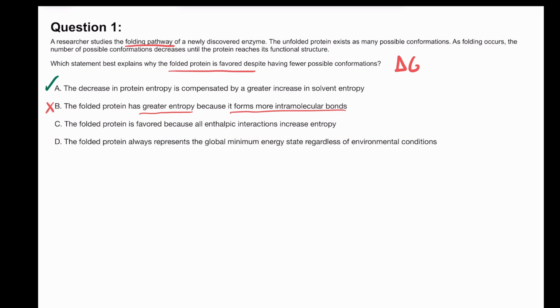Moving on. C. The folded protein is favored because all enthalpic interactions increase entropy. Well, we know that's not the case. Remember, enthalpy is related to delta H, and entropy is related to delta S. It's not true that every enthalpic interaction increases entropy. For example, if you break a bond, you are increasing entropy because now you're allowing the molecules that were formerly bound to each other to have more movement, to be able to move freely.